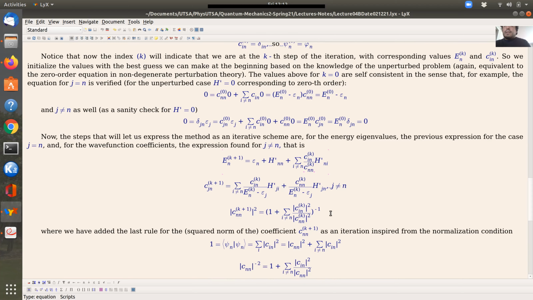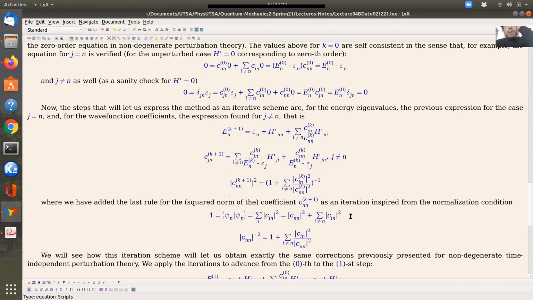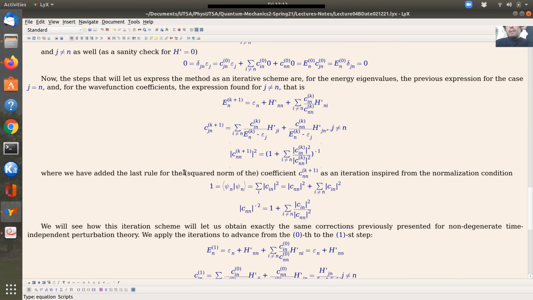The third condition is simply inspired from the normalization condition. So the new value of the coefficient CNN at the step k plus 1 is basically the inverse of 1 plus the sum of these ratios. Where does that come from? You might have an eye for that, but basically the last rule for the square norm of the coefficient at the step k plus 1 is an iteration inspired from the normalization condition because I know that the norm of the state has to be 1, which is some sort of Fourier theorem.